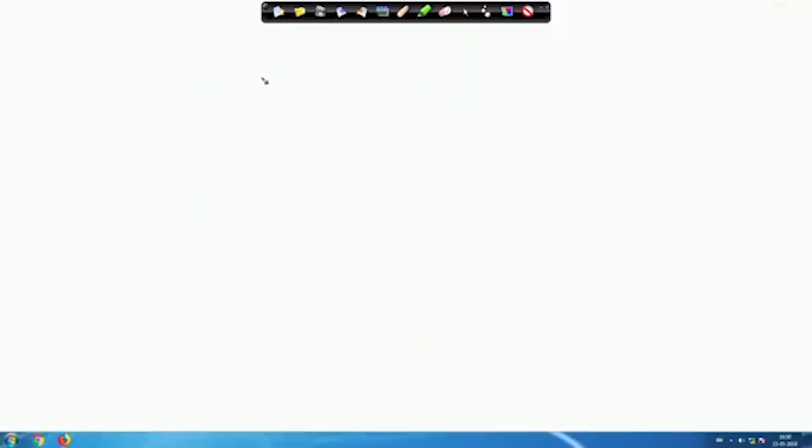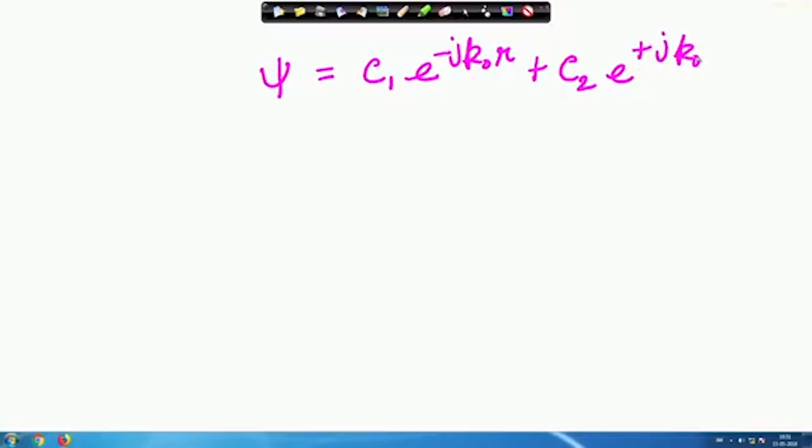So, what will be the solution? We know that phi will be equal to C1 e to the power minus j k naught r plus C2 e to the power plus j k naught r. Both these solutions are possible, that is why we are writing it as a superposition of them.